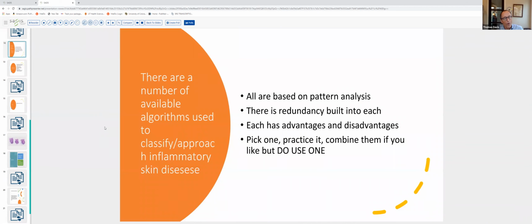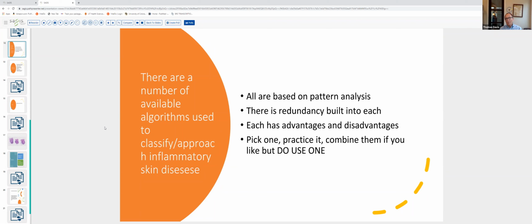Now, there are a number of algorithms that are out there to classify approach to inflammatory skin disease, and all of them are based on pattern analysis. And there's considerable overlap in these algorithms, and there's fortunately redundancy built into each.